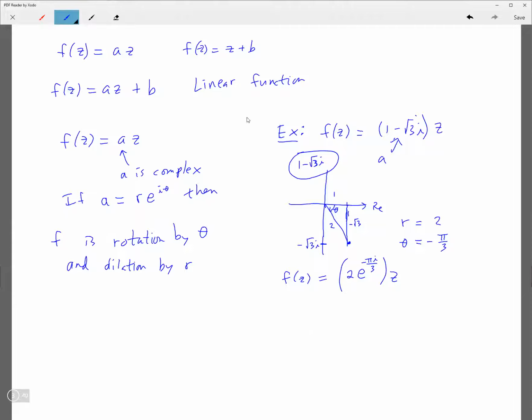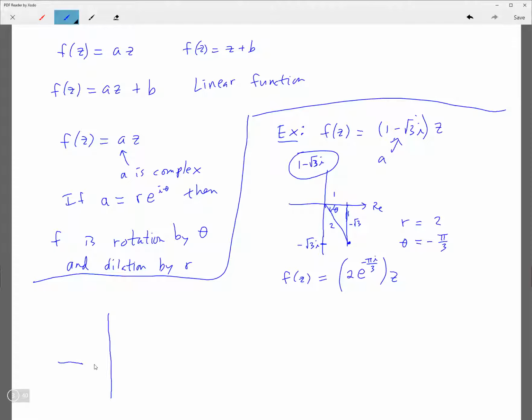Okay, now the way that this works, to graph complex functions, what you typically do is you have a domain plane. So this is a real axis and imaginary axis in the domain.